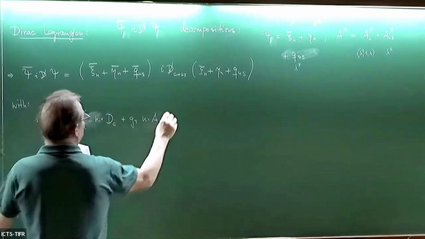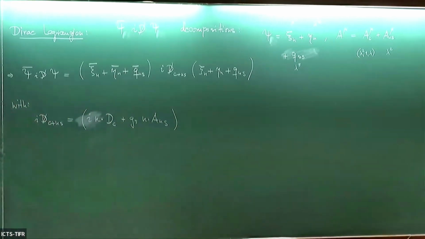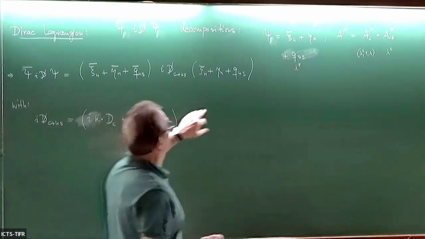So D collinear means the covariant derivative just including the collinear gauge field. Now the ultrasoft piece I need to add separately.